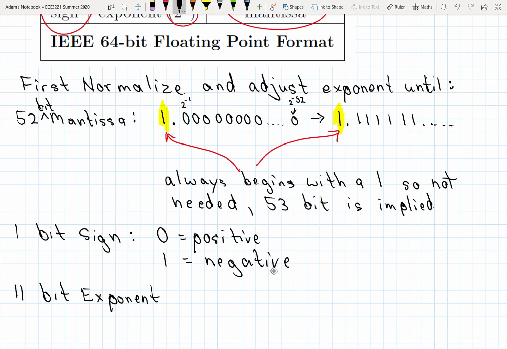Now our exponent uses 2's complement, because our exponent can be positive or negative, and we're going to use 2's complement format to represent those values.